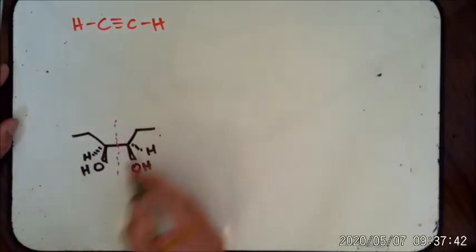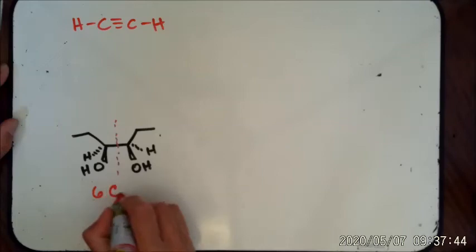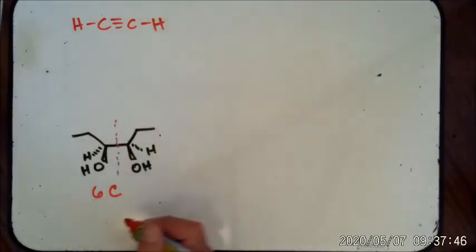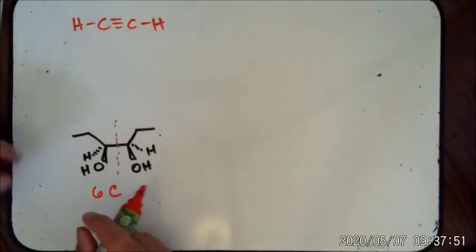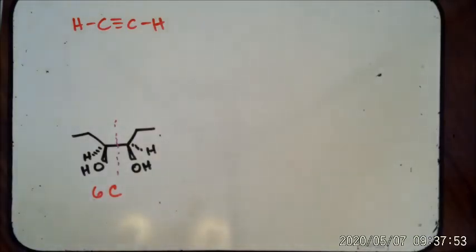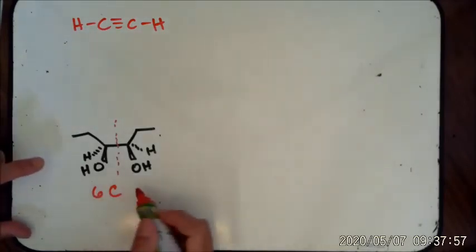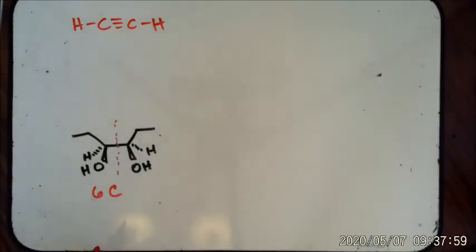Our compound that we want to make has 6 carbons, so we're going to be looking for something that has 4 or something that has 2, but we don't want any odd carbon, hopefully. But we'll see what happens. How do you make a diol? Let's look at all the ways that we know how to make diols.